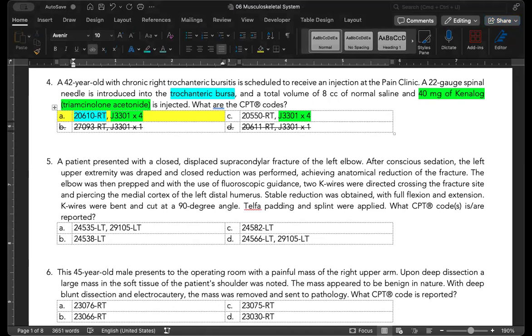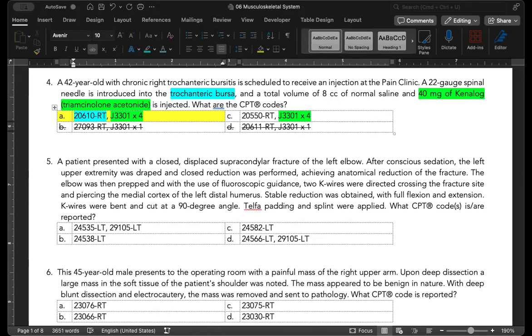Okay. So what is our main term? Remember when I said when we're doing fracture repairs, what's our main term we want to look up in the alphabetic index? Yep, our fracture. Okay.